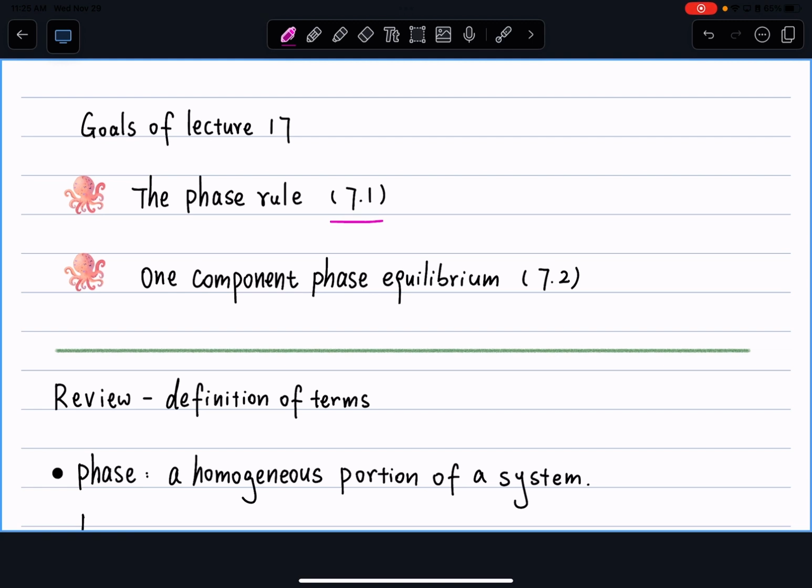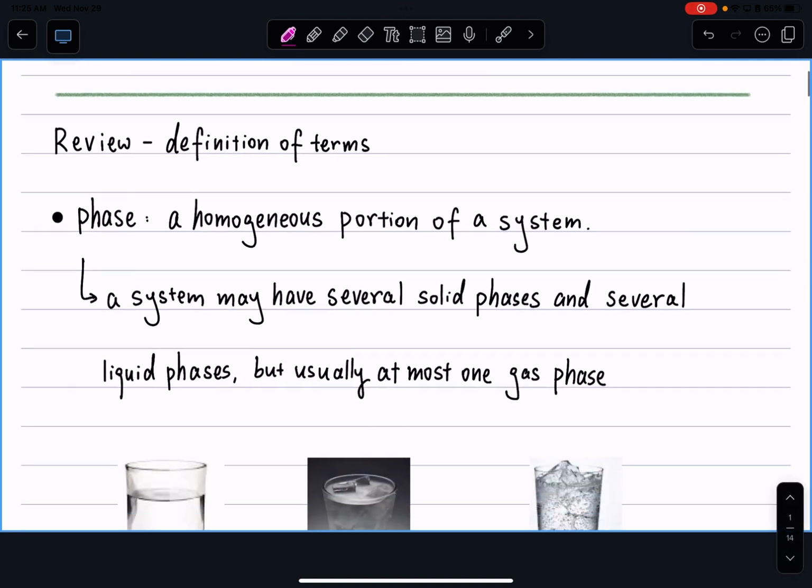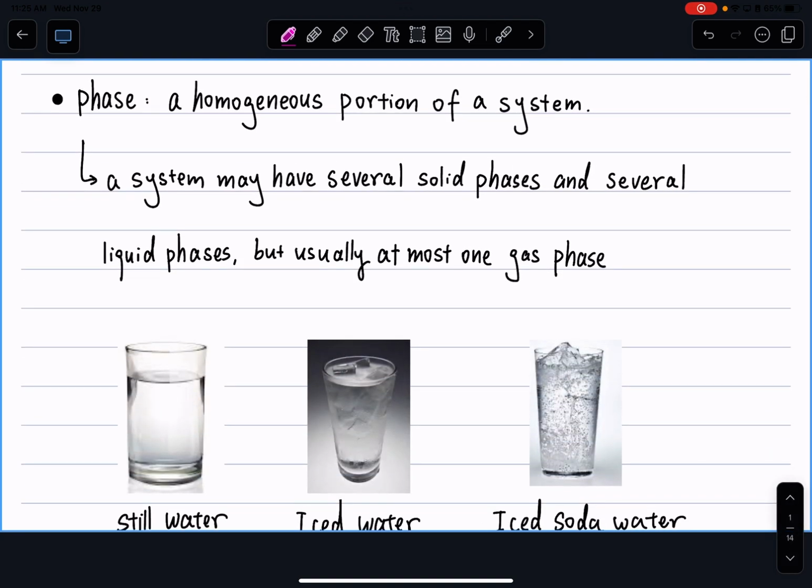Before we talk about phase diagrams, we have a few review items, which are definitions of terms. So what exactly is a phase? This goes all the way back to lecture 1. Remember, the definition of a phase is a homogeneous portion of a system. A system might have multiple phases.